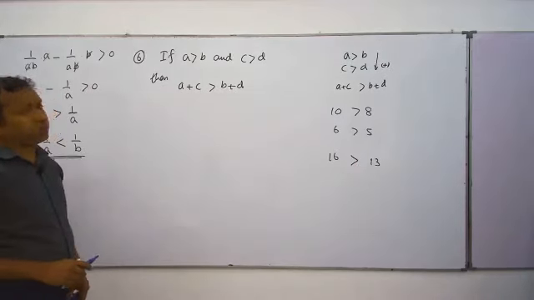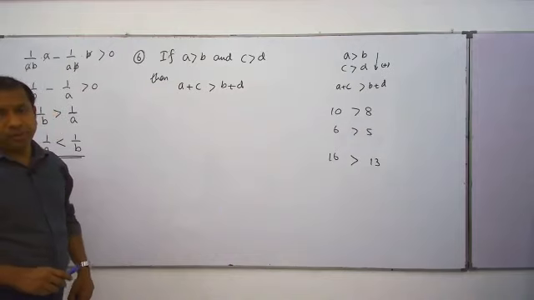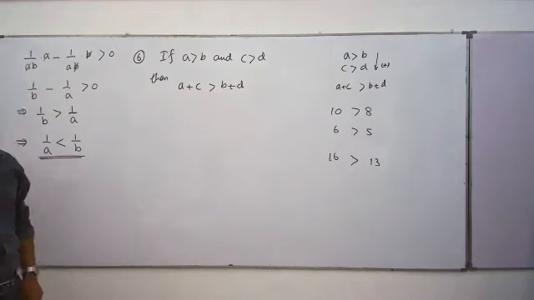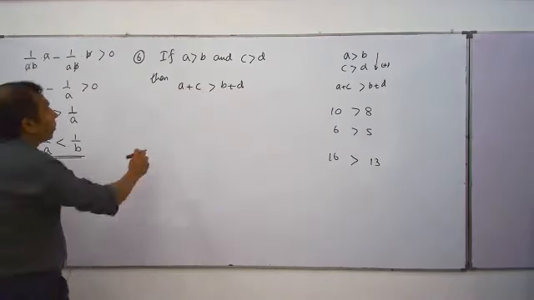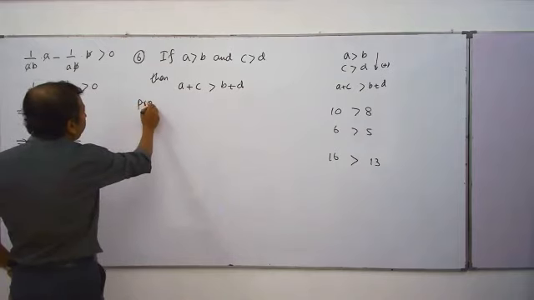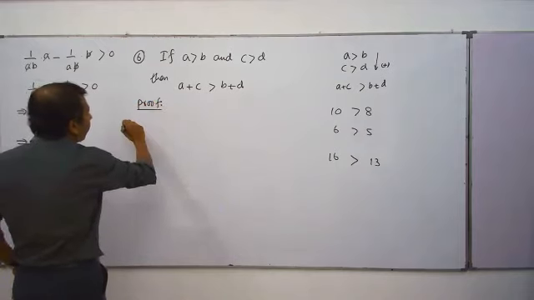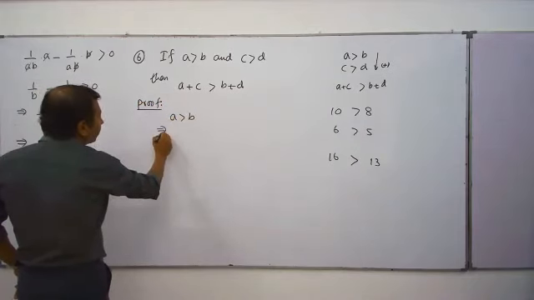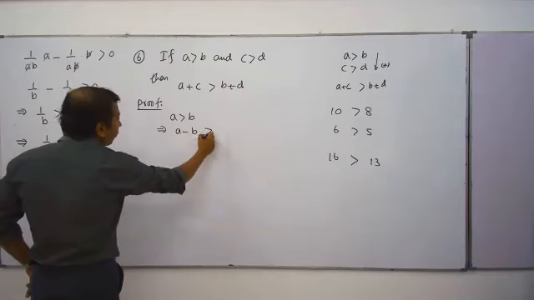And how to prove this, people? Right. The proof can be done like this. Proof. A greater than B. This implies what, people? A minus B positive.